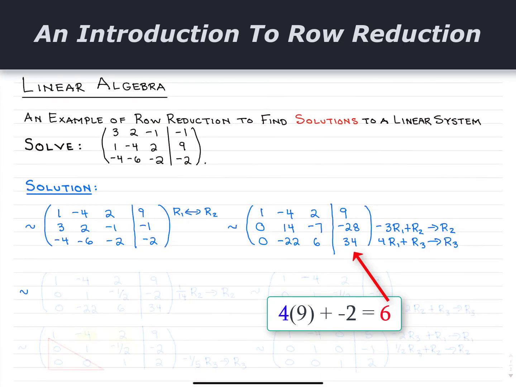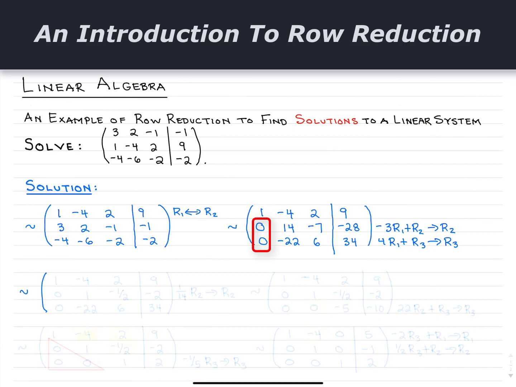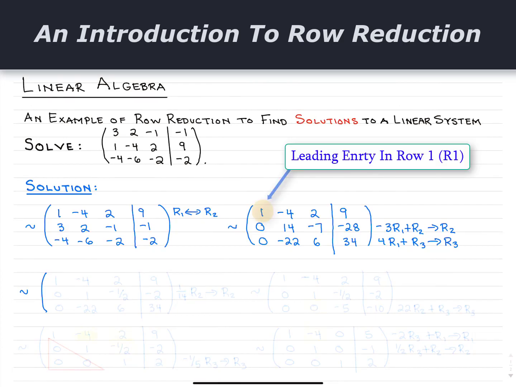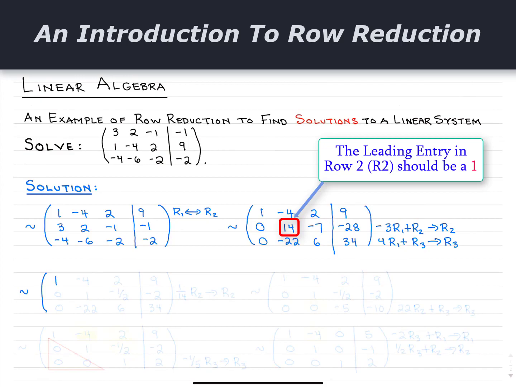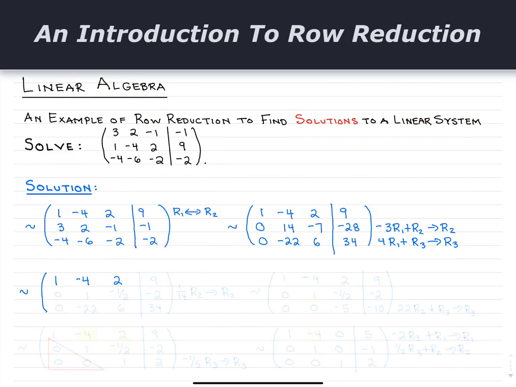Now, we've achieved our zeros. We've cleared out, as they say, the entries below the leading entry in row 1. Now we want to put in the 2-2 entry. We want to make that a 1. How do we achieve that? Well, we do that by using our second type of elementary row operation.